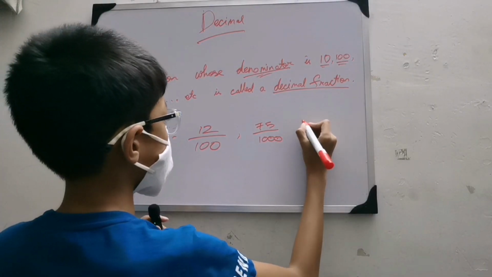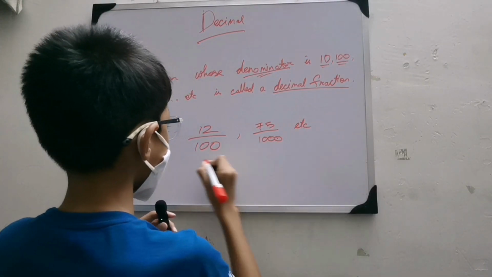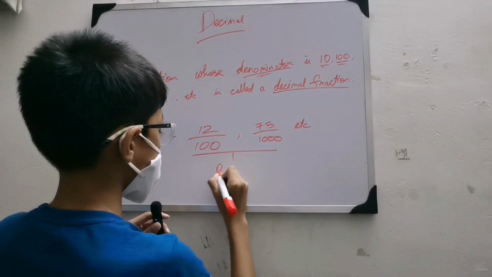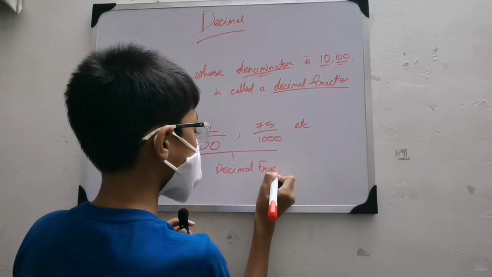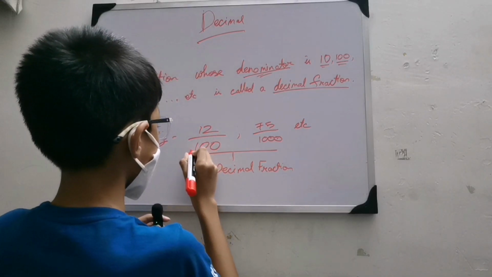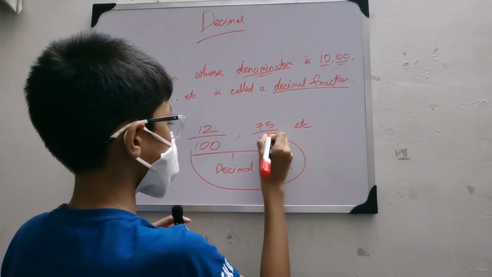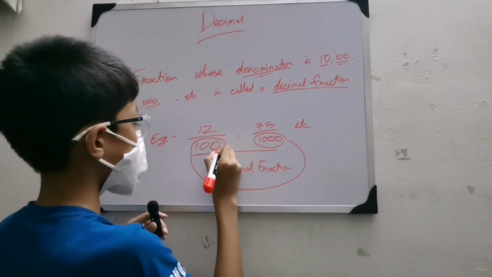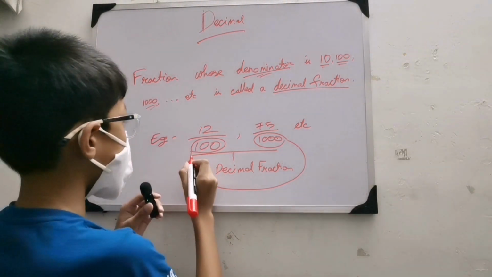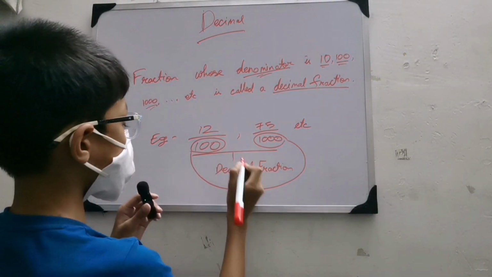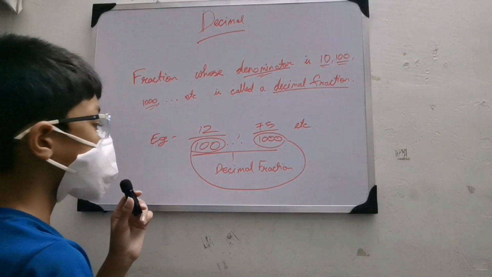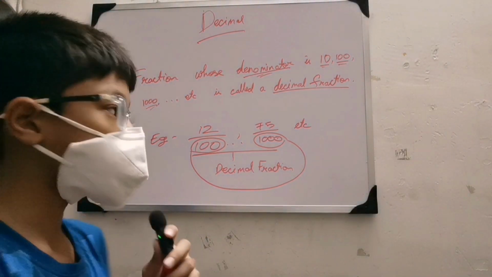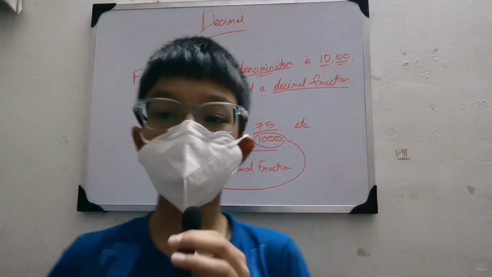These are all decimal fractions, because these two numbers, 1000 and 100, are in the denominator's place. So if these are in the denominator's place, then these are called decimal fractions. I hope you guys understood this. Now let's move on to the next definition.